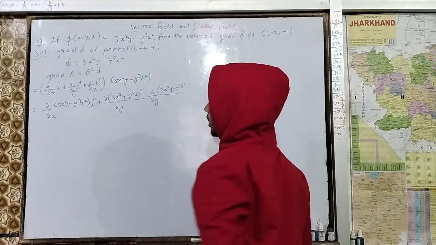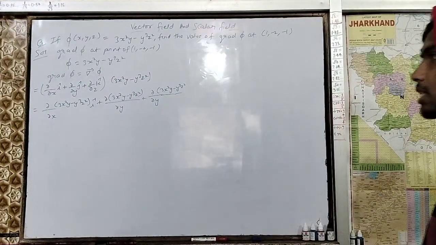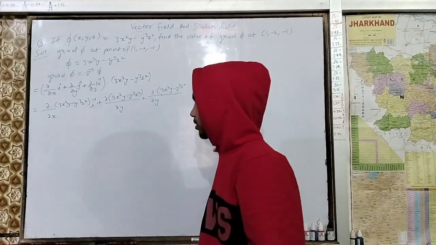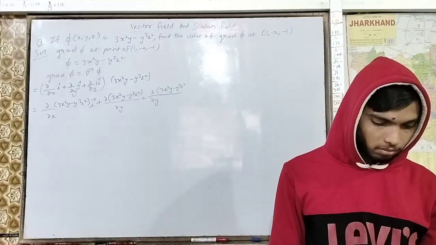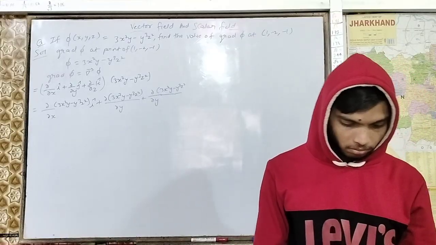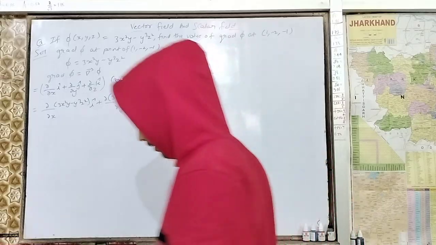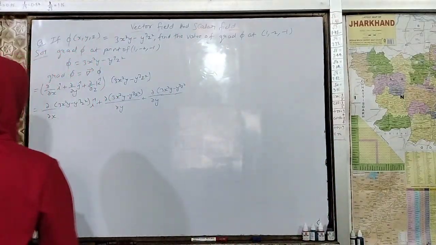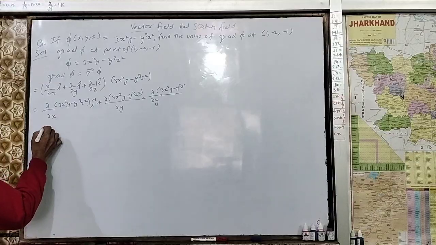So differentiation of x square will be 2x, and with the 3 it is 6x. Are you understanding? Are we correct? Yes, we are correct. So this will become 6xy.